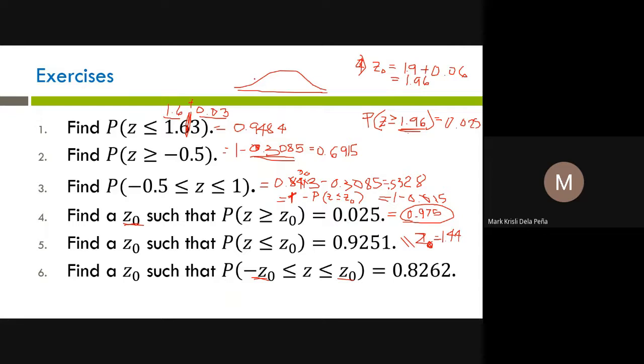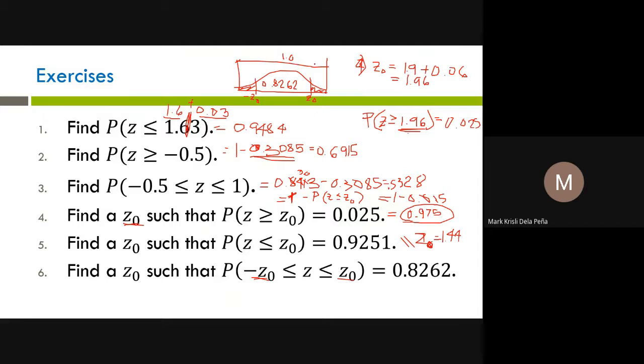That means if this is negative z₀ and this is positive z₀, and the area in between is 0.8262, and we know the total area is 1.0, then we can get the areas on both tails by subtracting 0.8262 from 1.0.